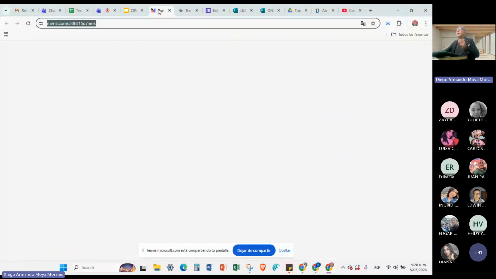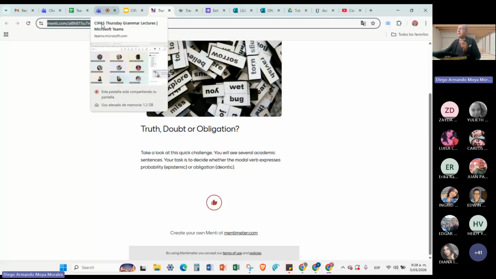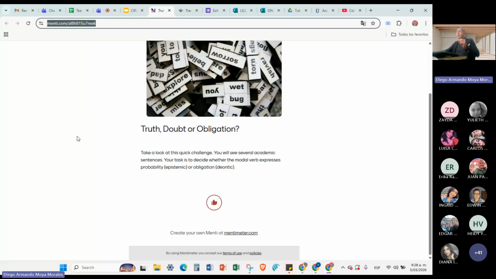In this activity, basically what you have to do is decide whether the modal verb talks about a probability in the sentence or an obligation in the sentence. That is basically the difference. When we talk about epistemic and deontic, it's just the linguistic language that we use. But in simple words, it is about probability and obligation.